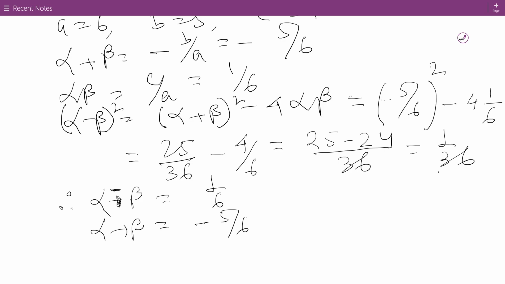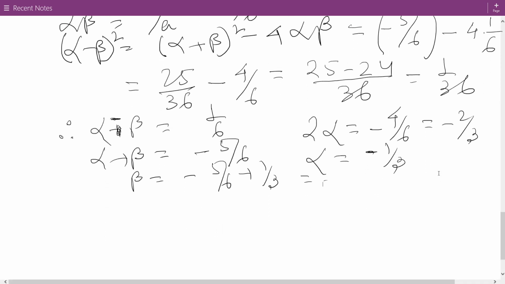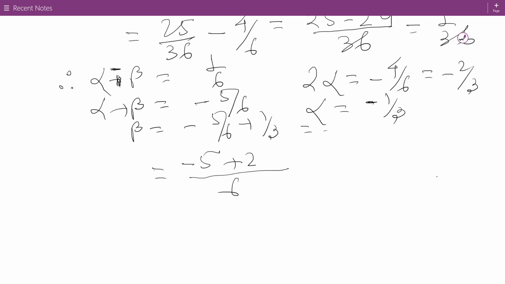If you calculate both the values, 2 alpha equals to minus 4 by 6, that is minus 2 by 3, or alpha equals to minus 1 by 3, and beta equals to minus 5 by 6 plus 1 by 3, then you can write, with 6 as the LCM, minus 5 plus 2, that is minus 3 by 6, minus half.